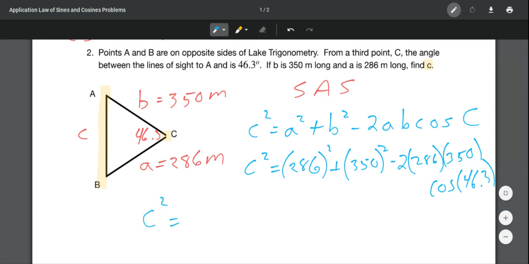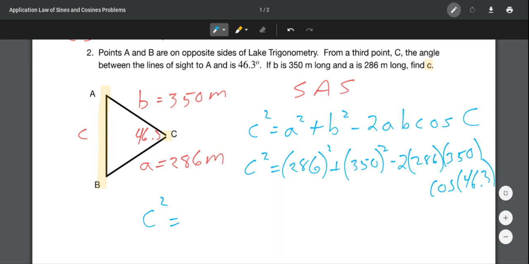I am putting it in the calculator exactly as I see it, meaning I'm putting the parentheses exactly where I see them. So I'm doing 286 squared in parentheses plus 350 squared in parentheses minus 2 times 286 times 350 times the cosine of 46.3.